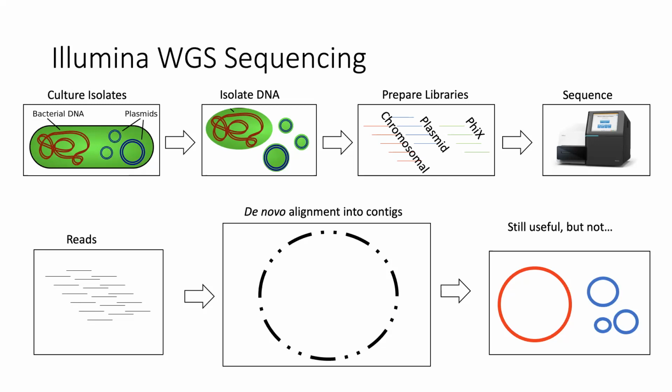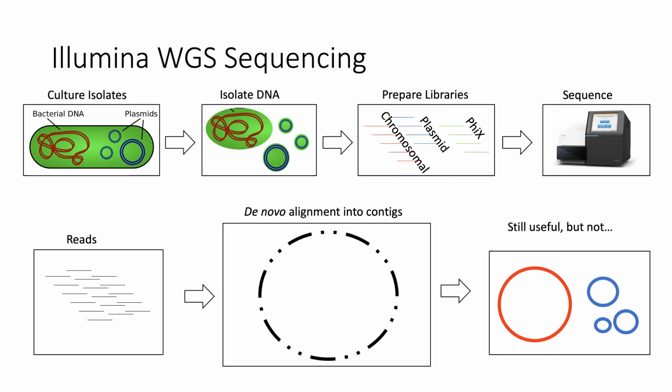The reads are chromosomal reads, they're plasmid reads, and they're phi-X reads. So we use a bunch of tools to do some sort of de novo alignment generally, and hopefully that removes all the phi-X. It should remove any stray adapters and barcodes, and we're just left with the sequence, which we can assemble into contigs.